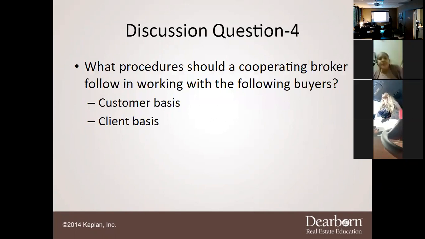What procedures should a cooperating broker follow in working with the following buyers? Customer basis and a client basis. And there's different procedures for each. There's certain things you can do for a customer and certain things you can do for a client. Like disclosing. There's that checklist, right?